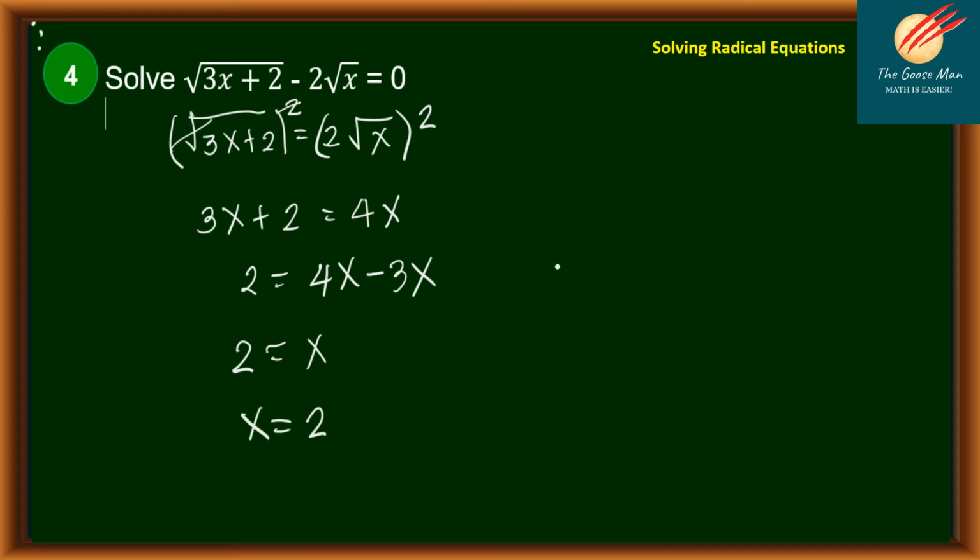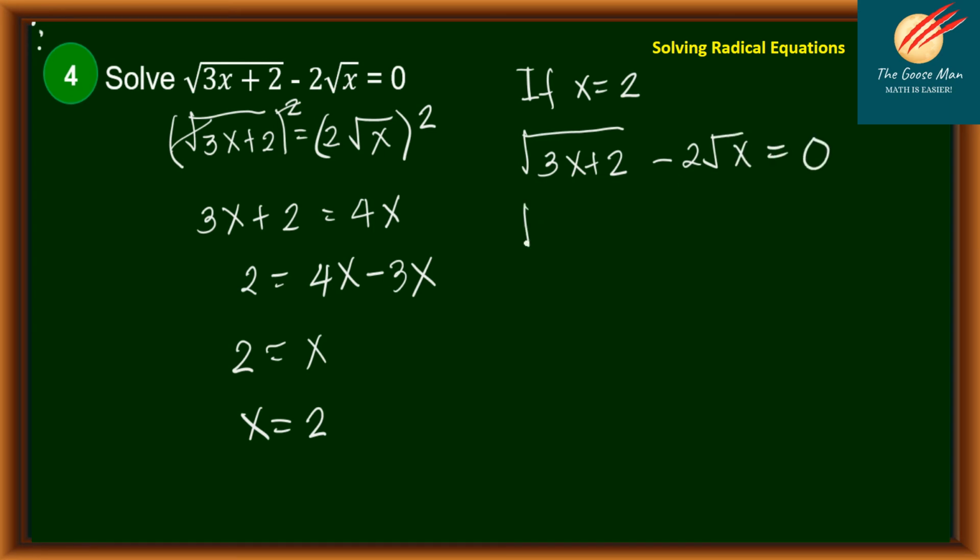Now, we want to find out if the value of x will satisfy the given equation. So that is if x is equal to 2. Substitute this to the original equation of square root of 3x plus 2 minus 2 square root of x is equal to 0.